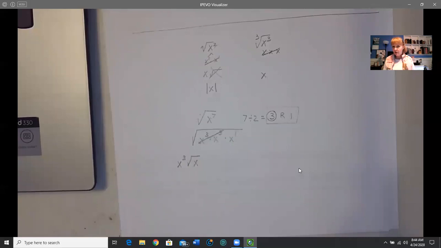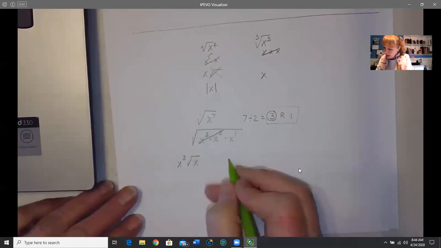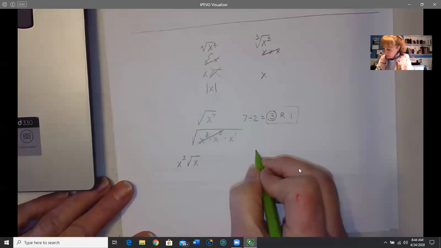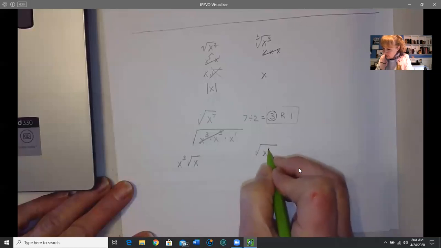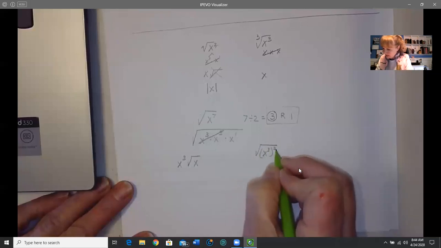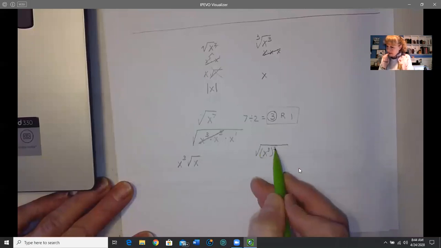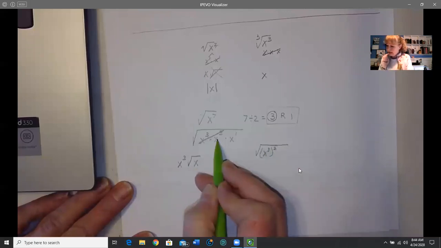Now, another way of writing this, especially if you had like a 5th root, you may not want to write something down 5 times. You can use, this is x cubed to the 2nd. That gives you 2 of those. So write that using exponents.